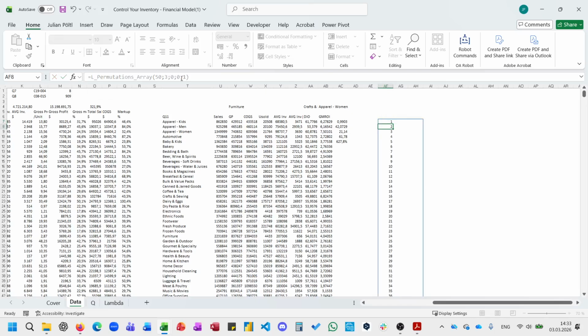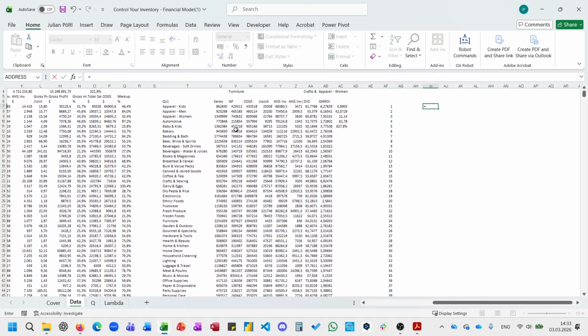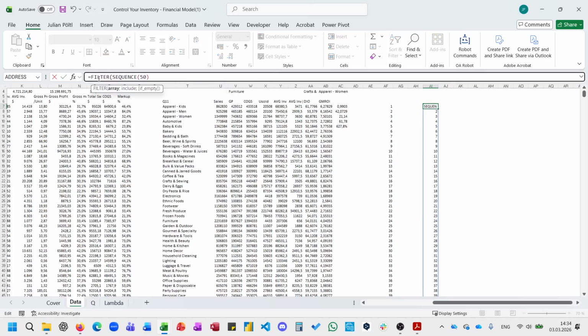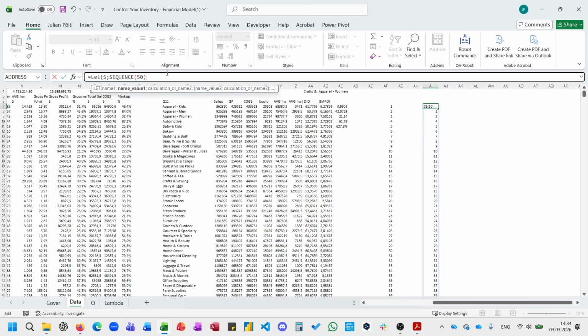we can also start with combining only 2, so remove only 1. And I then simply did the following: sequence 50, and then I filtered out every number that is not in this row.